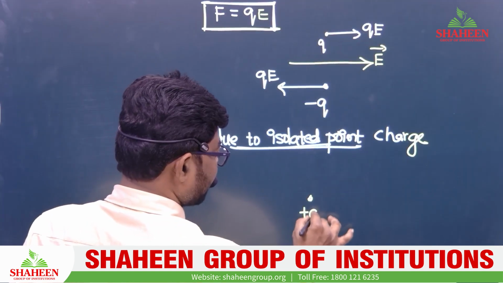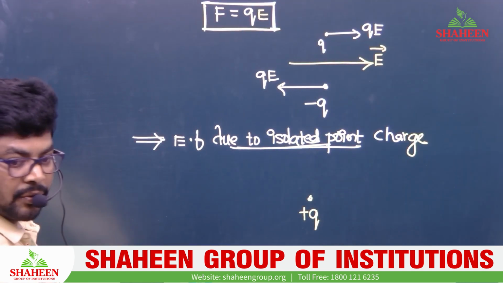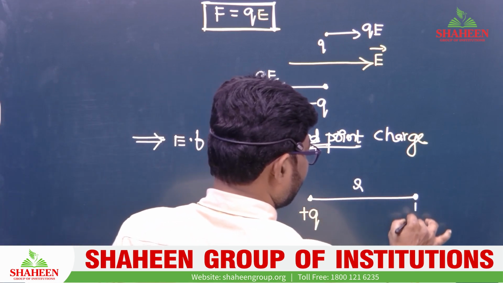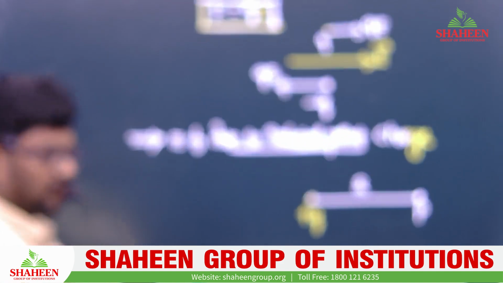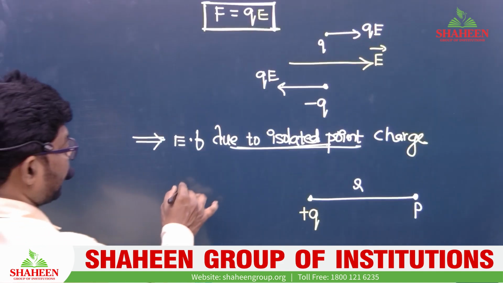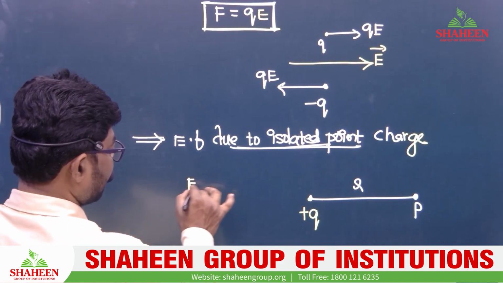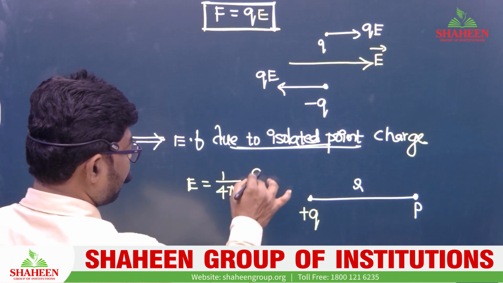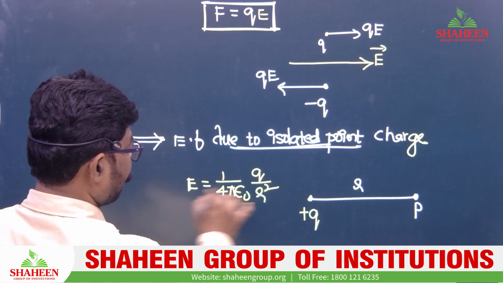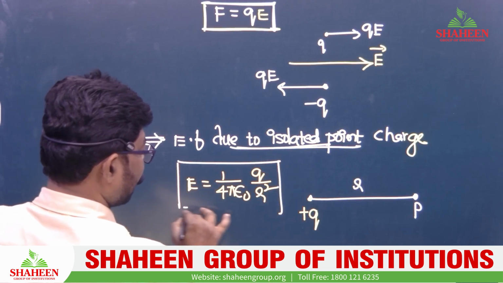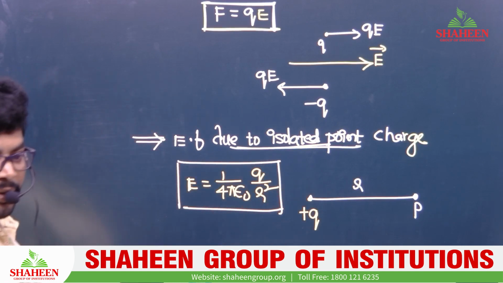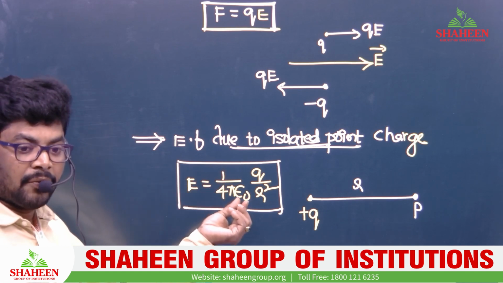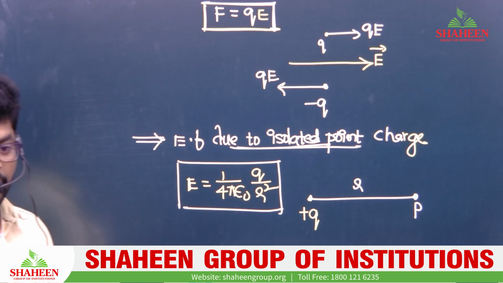There is one charge plus Q. Due to this point charge, at a distance R at point P, we want to find out the electric field. E is equal to 1 upon 4 pi epsilon naught into Q upon R square. This is the electric field due to a single charge.